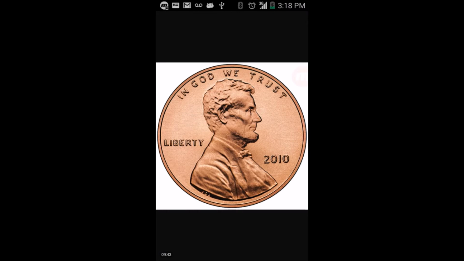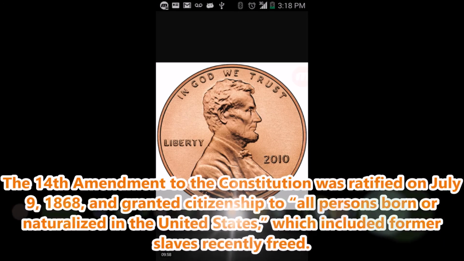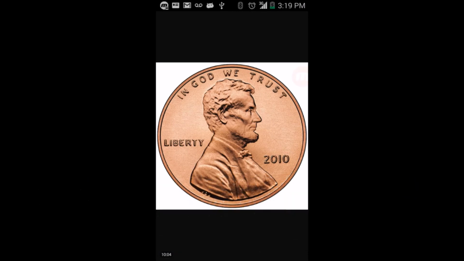Now, we're not going to talk too much about the Emancipation Proclamation, but just know this. The 14th Amendment was really a contract between the United States government and the citizens of this country.